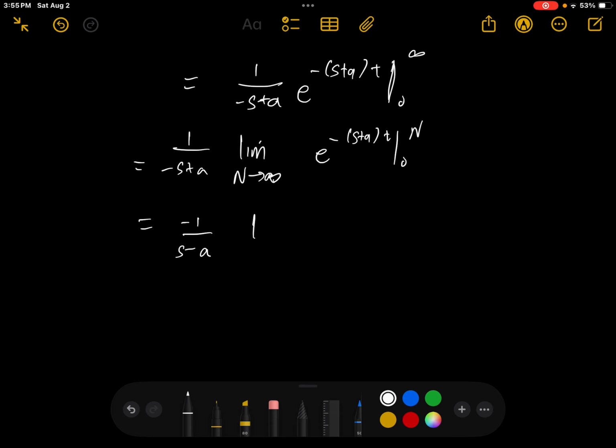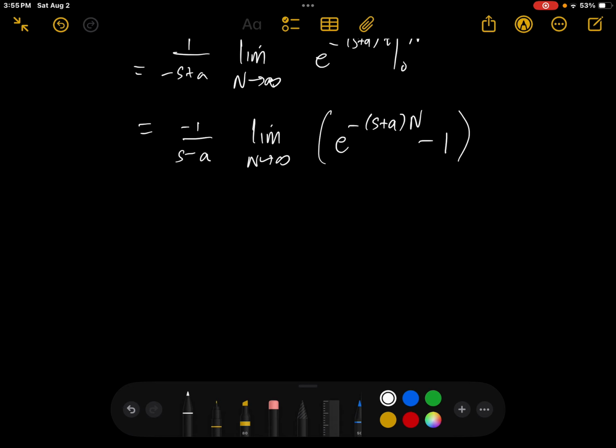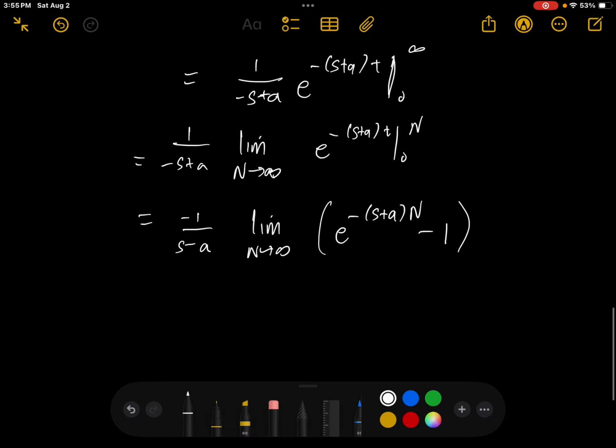Okay, so the limit as n goes to infinity of e to the minus s plus a n minus e to the 0, and when you plug in t equals 0, you're going to get e to 0, which is 1. So 1. And you're taking the limit as n goes to infinity. Well, again, we have this issue where, is that right?